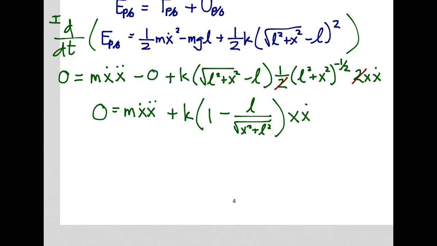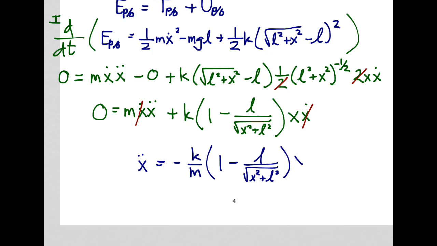So continue to simplify this and solve for x double dot to get our second order equation of motion. We can divide this entire expression by x dot, which gets rid of those terms. And then when we solve for x double dot, we get x double dot is equal to negative k over m multiplied times 1 minus L divided by the square root of x squared plus L squared.